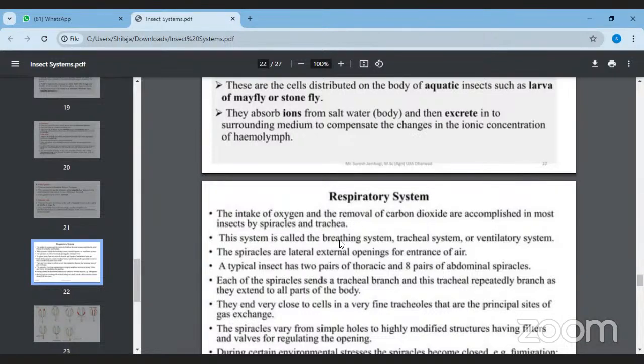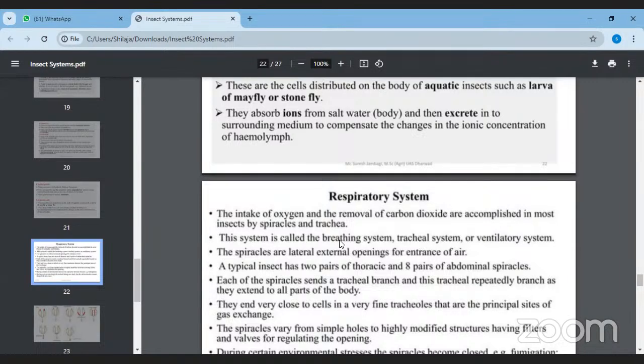The air sacs, which are tracheal dilations, also vary in size. If the taenidia are absent or poorly developed, there will be more oxygen demand, and the tube collapses very easily if the air sacs are not properly formed. So the air sacs play an important role.